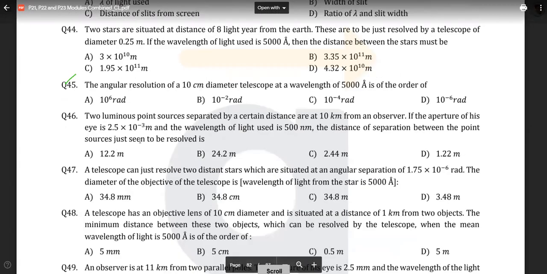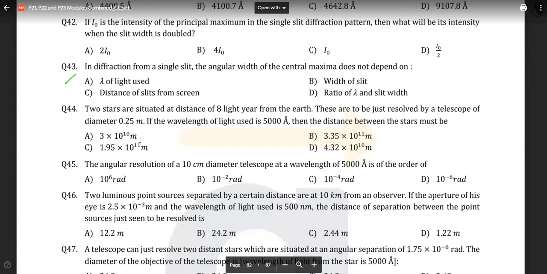Now 44, two stars are situated at a distance of 8 light years. They are to be resolved. अब देखो यहाँ पे resolving power का formula, किसको याद है?